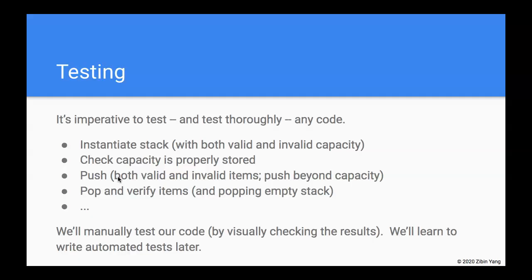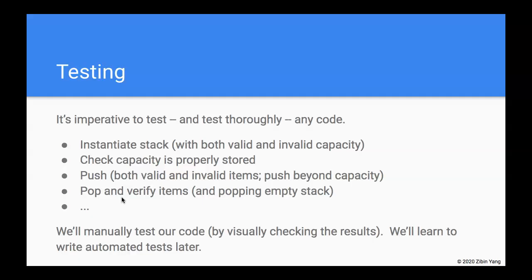And then if the capacity is 10, we will try to push 11 things in there and make sure the check for full capacity is working properly. And also, obviously, we need to check the pop operation. When we pop something, we have to verify that if we just push a 1, then when we pop, we get back a 1, right?